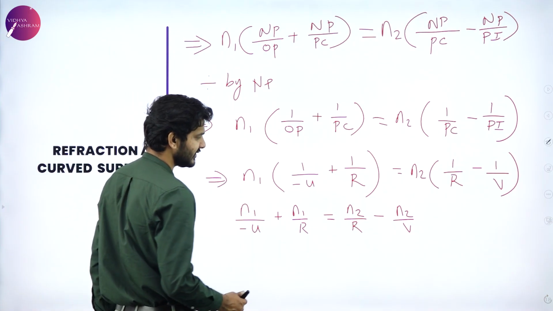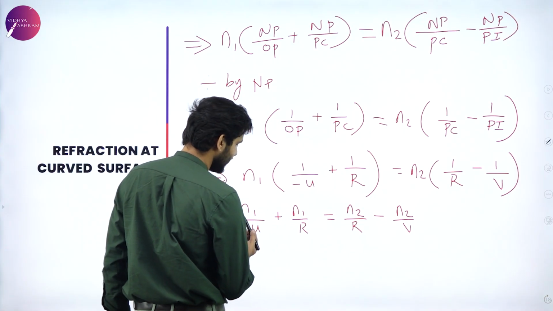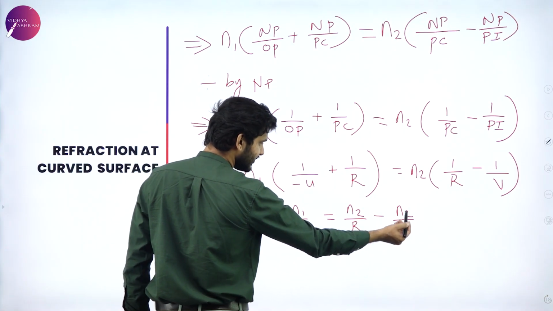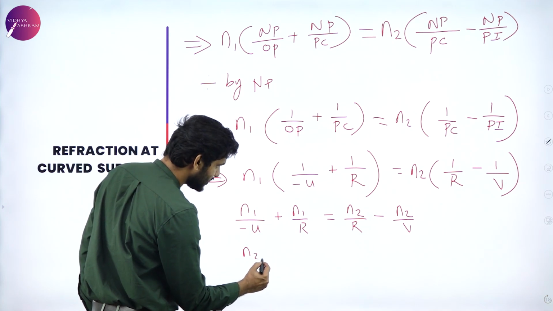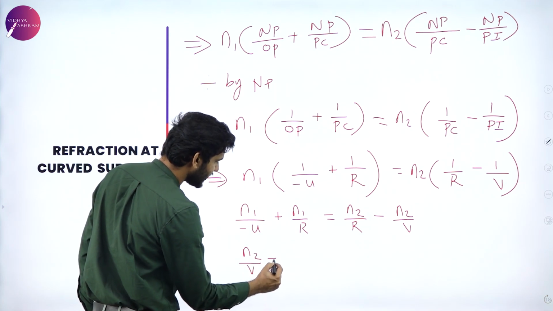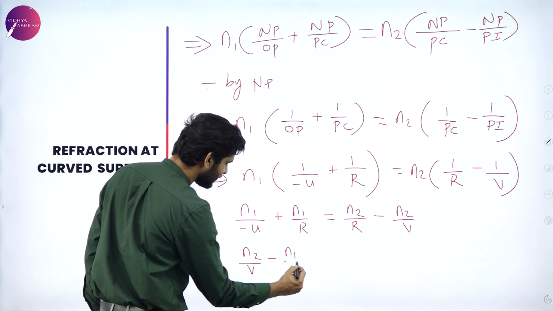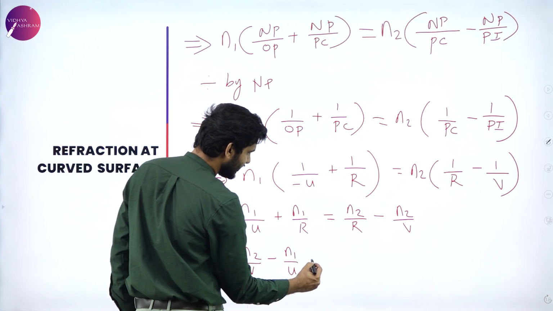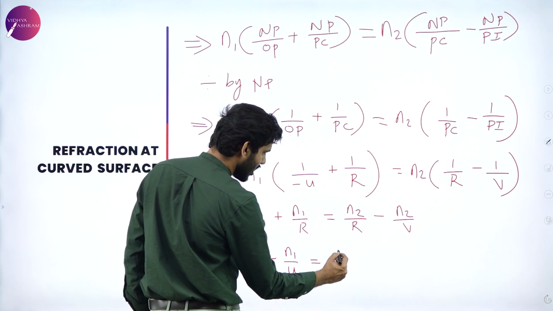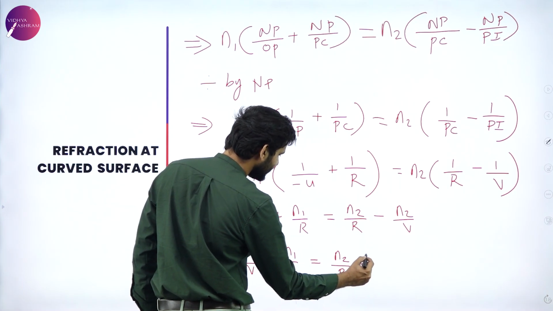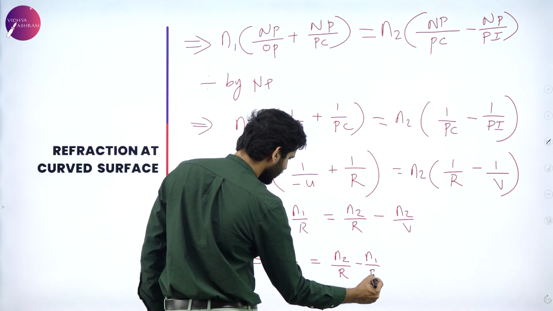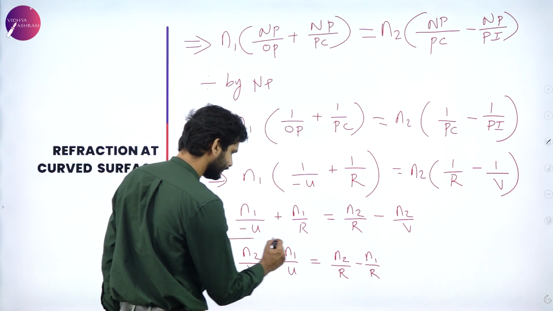So then I can actually say that I'm going to take this equation to the left hand side. Then I can say that N2 by V minus N1 by U is equal to N2 by R minus N1 by R, right?